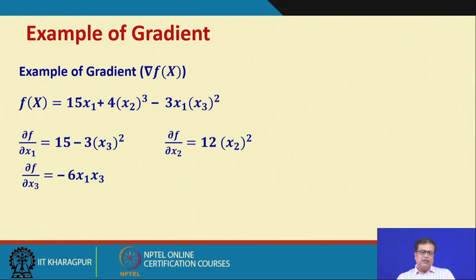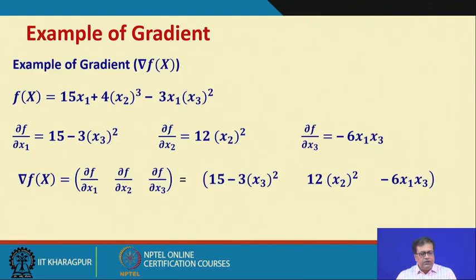Similarly, for del f del x 2, only the second term is having x 2. So, 12 x 2 whole square. And del f del x 3 will be obtained from the third term again, because the first two terms do not have x 3, and that would be minus 6 x 1 x 3. So, now what do we do? We combine them in the form of a matrix that you can see here.